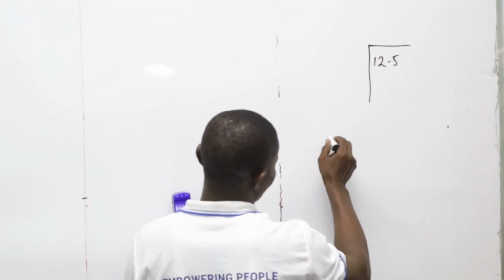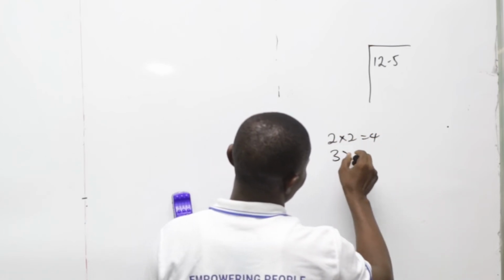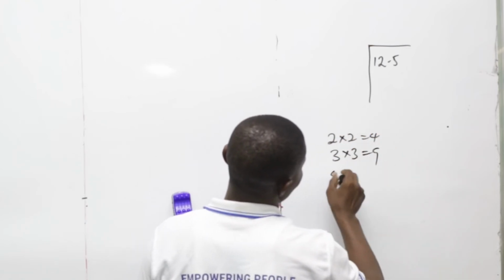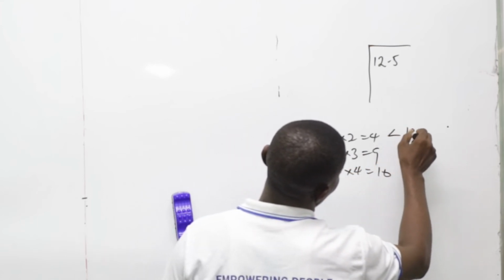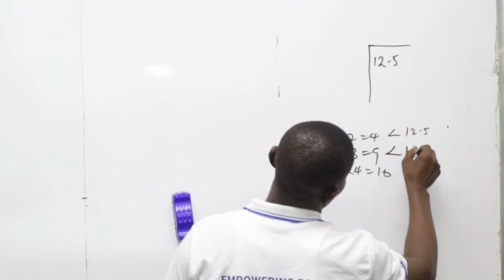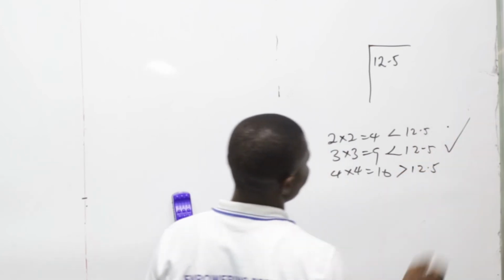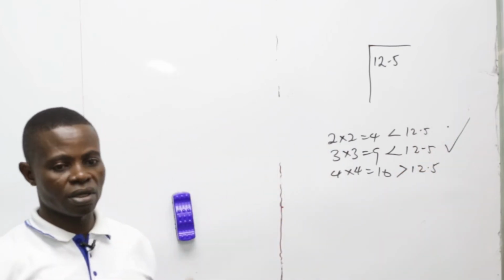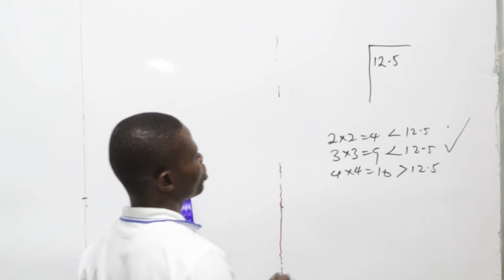The perfect number, 2 times 2 is 4, is less. 3 times 3 is 9. 4 times 4 is 16, greater than 12.5. The best option is 3 times 3. Since 3 times 3 is the best option now, what do we do?